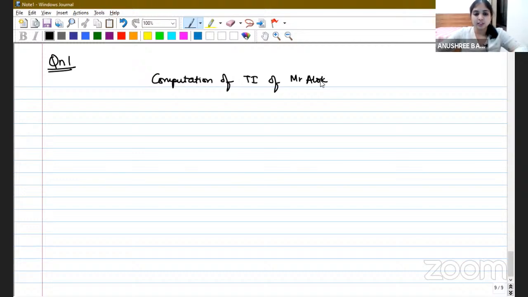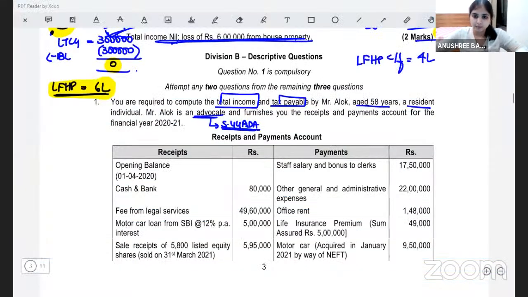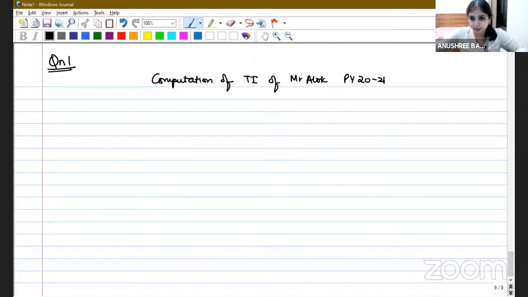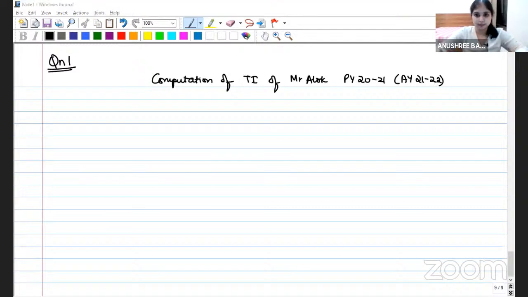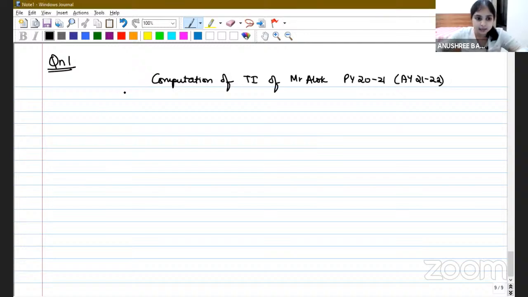We are doing the calculation for previous year 2021, assessment year 21-22. Please keep writing along with me. Now under this, make a three-columnar table. We'll make a broad particulars column, and then a narrow working note column, and then an amounts column.